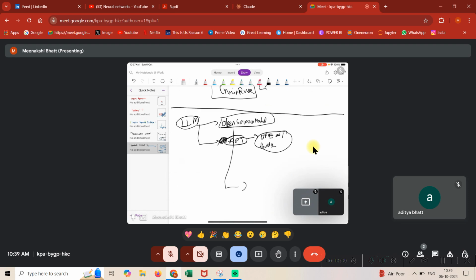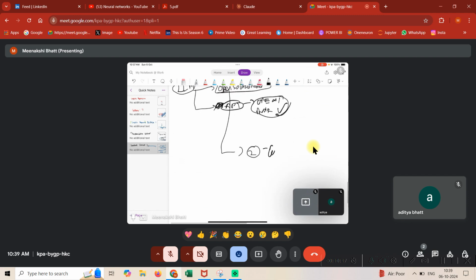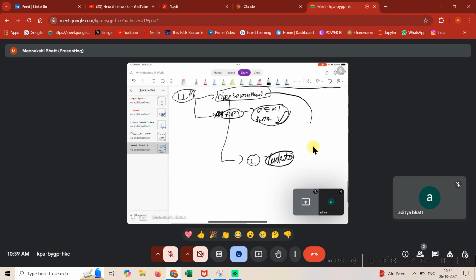One thing is these are the best models, and the accuracy of these models is very high. Number two, from where will you get a computer that would be able to download your 70 billion parameter model?